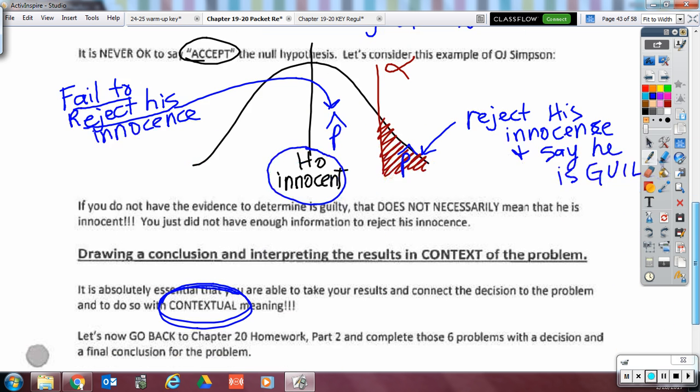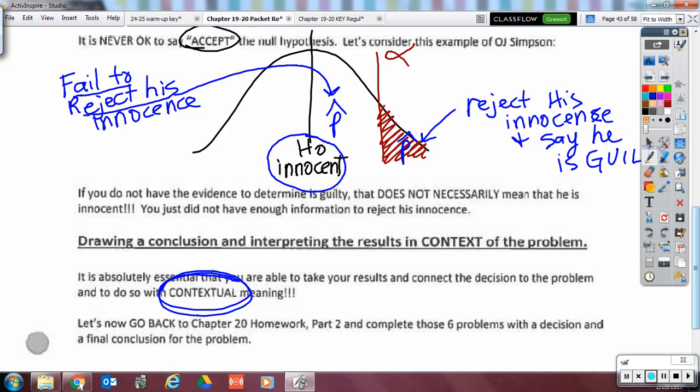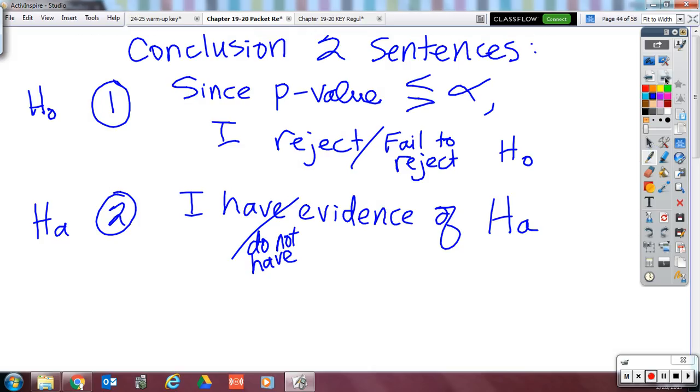Reject H0. We talked about how you cannot say the null hypothesis is true or I accept the null. And then we talked about our conclusion. The first sentence is about the null: since the p-value is greater, I fail to reject, or since it's lower, I reject. And the second one, I have evidence or I do not have evidence of the alternative.